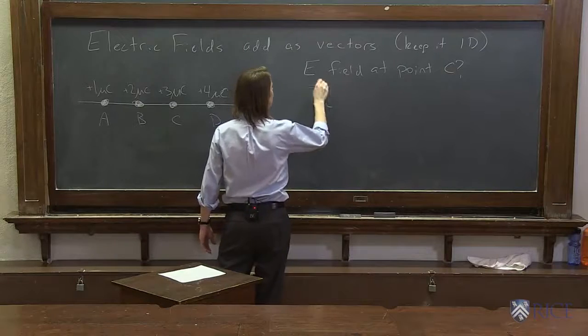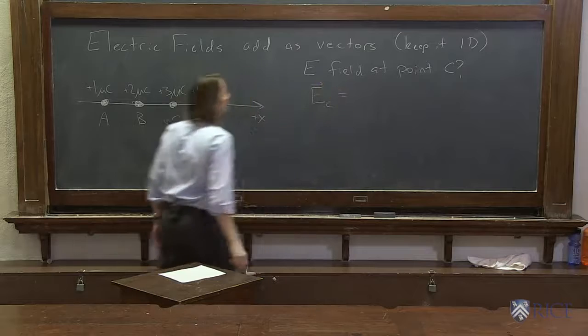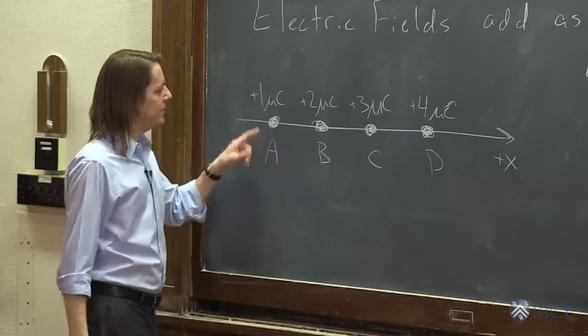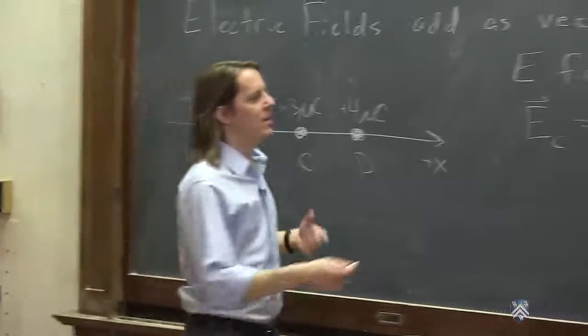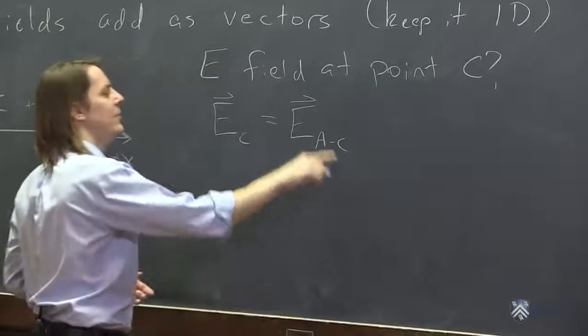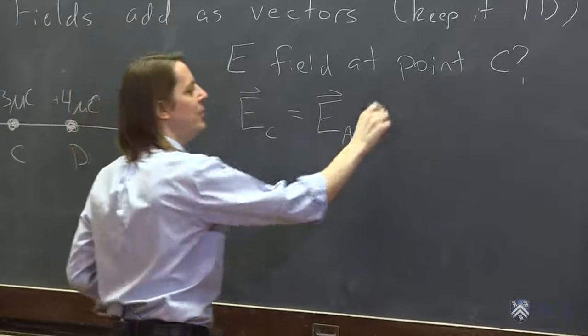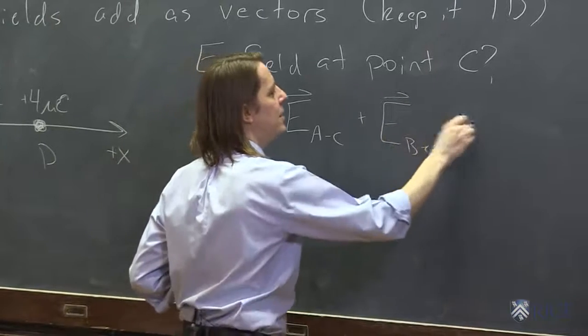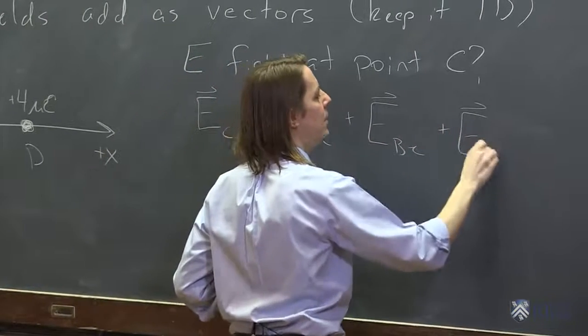The E field at point C is equal to the field created by each charge. So it's the E field of A at point C, which you could write with a notation like E of A dash C, meaning the charge at point A at the point C, plus the E field of B at point C, plus the E field of D at point C.